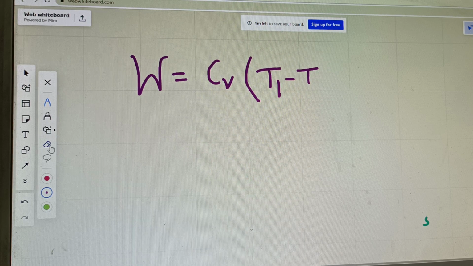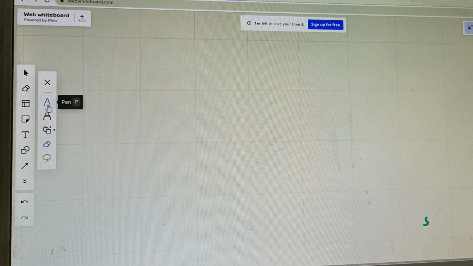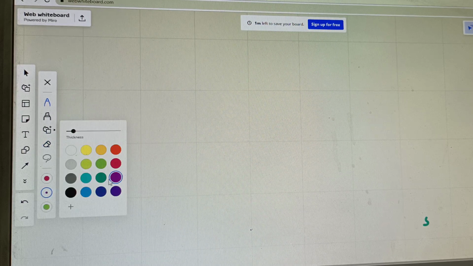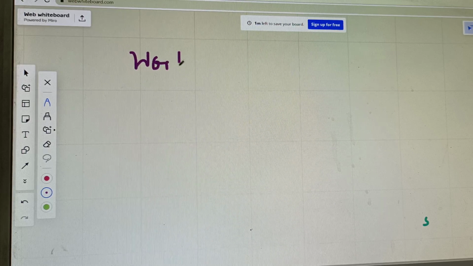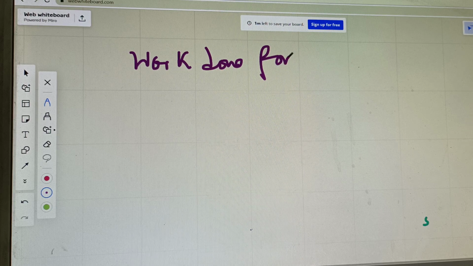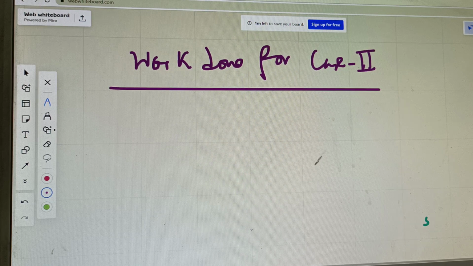But at first we have to calculate the work done for case 2, then after that we will calculate the final temperature of each case.